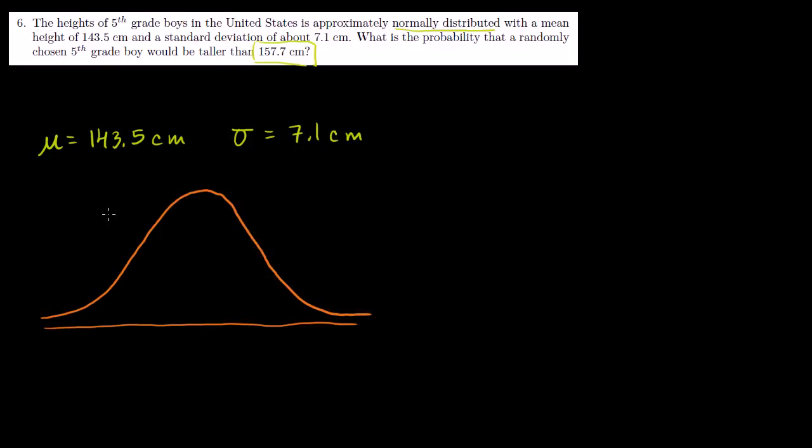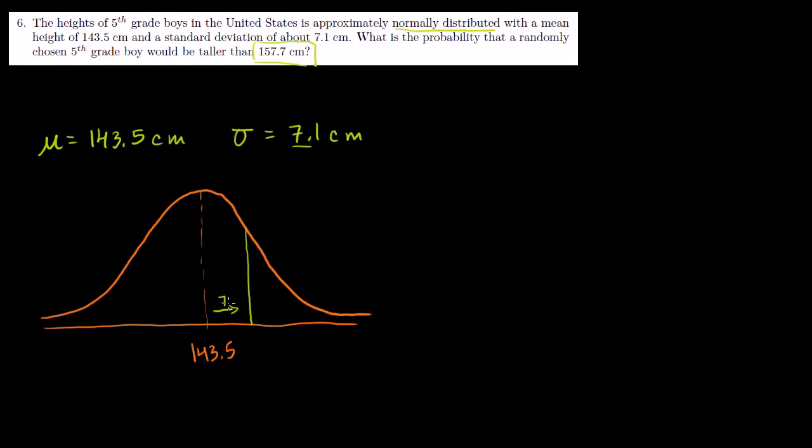So let's say that's our distribution. And the mean, they told us, is 143.5. They're asking us taller than 157.7, so we're going in the upwards direction. One standard deviation above the mean, we just add 7.1 to this number.